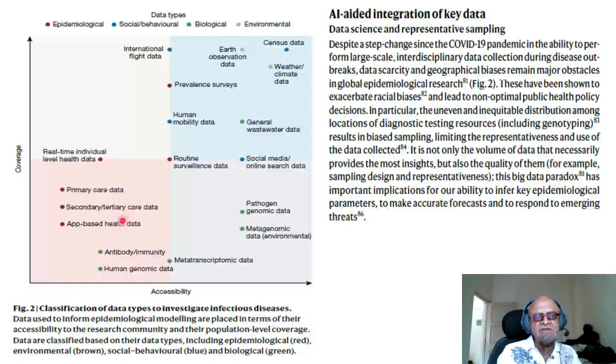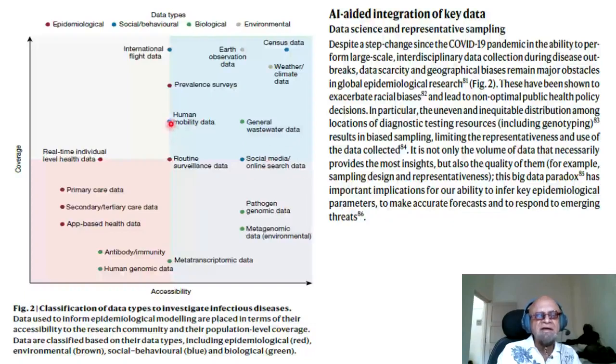There are lots of issues here. You cannot simply keep sharing human genomic data because of various concerns. So there is also metatranscriptomic data here, pathogen genomic data, metagenomic data. So accessibility increases but coverage remains low, sampling issues. Routine surveillance, social media and online research, crowdsourcing is becoming more and more common, so that's doing well in terms of accessibility.